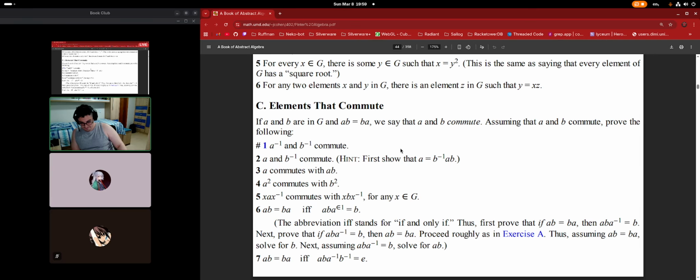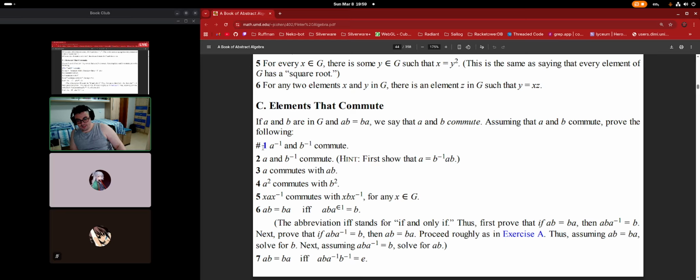Elements that commute. So if A and B are in G and they commute, we say that they commute. Assuming that A and B commute, prove the following. So A and B commute, right? So this is provable by the inverse thing.